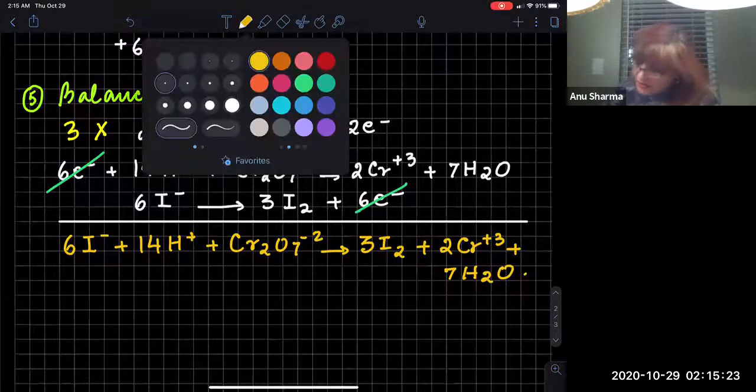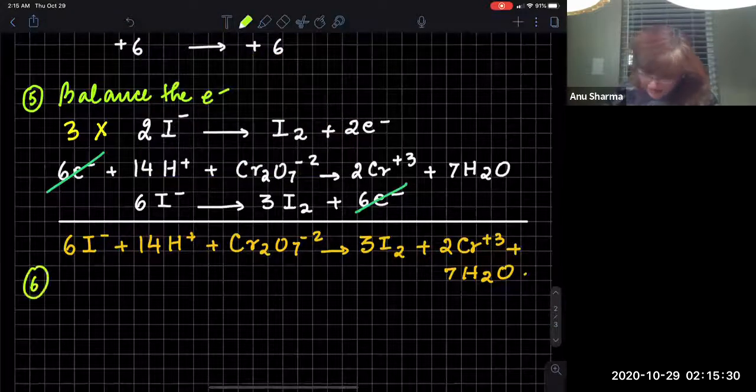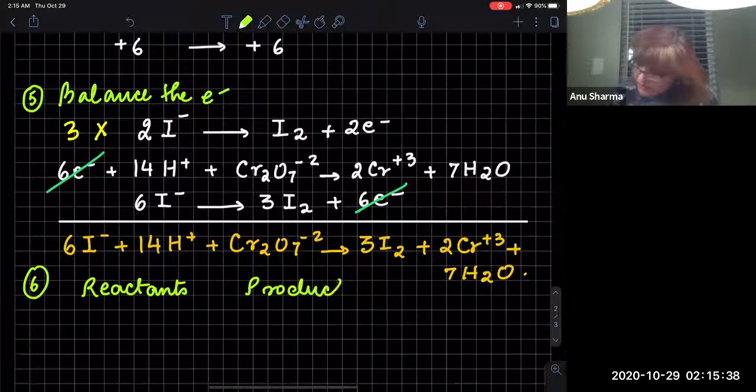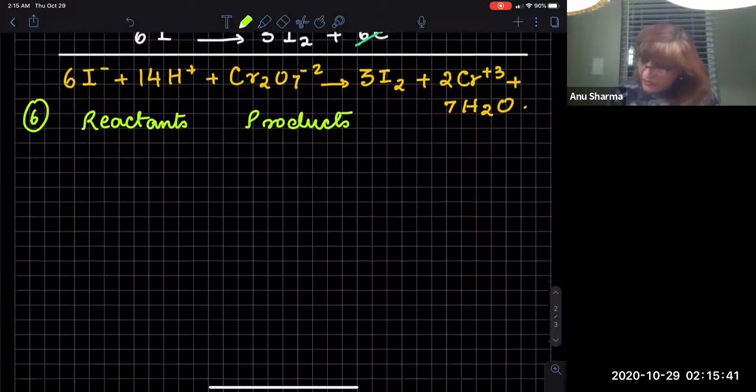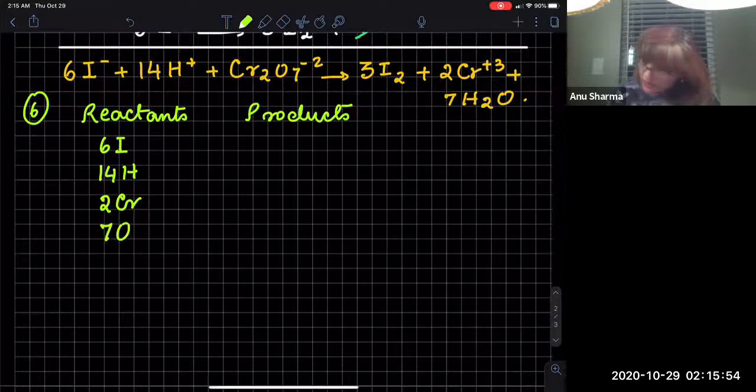Now let's check. The last piece is always make sure that you check. The checking is here, the reactants and the products. On the reactant side, what do we have? We have 6 iodines, 14 hydrogens, 2 chromiums, and 7 oxygens. And look at the charges.